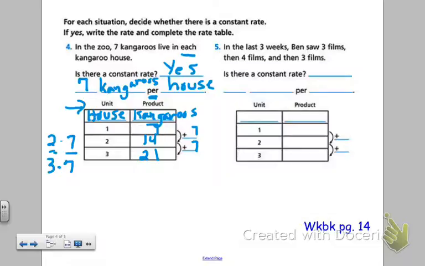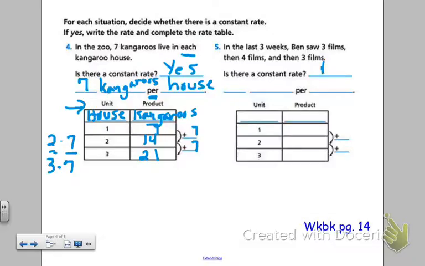Alright, let's look at number 5. In the last 3 weeks, Ben saw 3 films, then 4 films, and then 3 films. Is there a constant rate? Do you see an each or an every or a per? Those are probably going to be your clues.